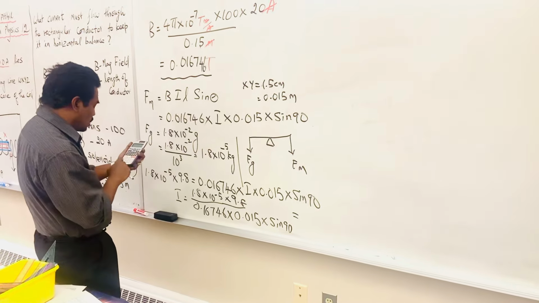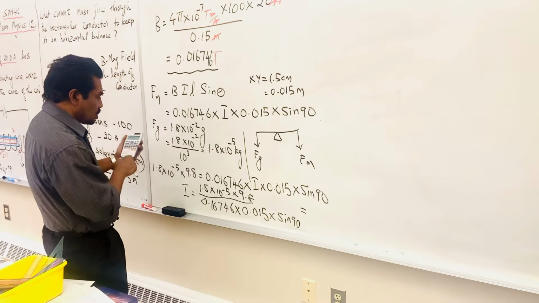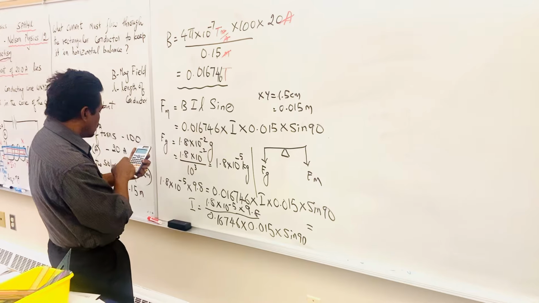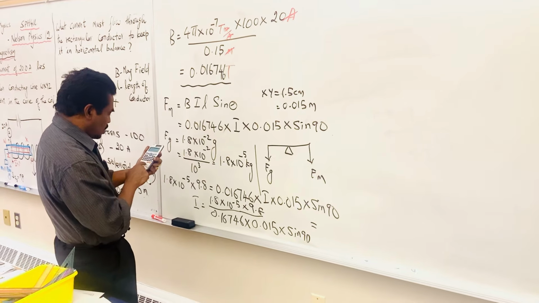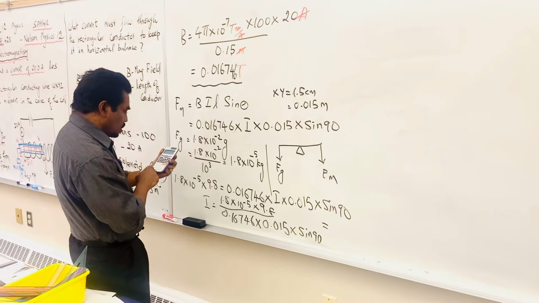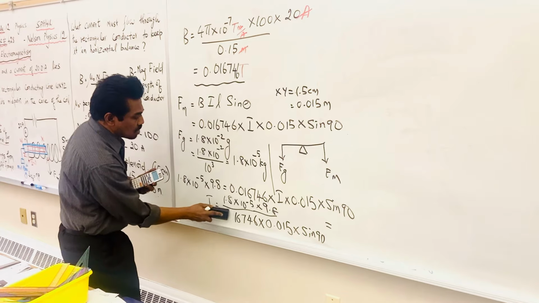Wait a minute. The answer is 1.8 exponential negative 5 times 9.8 over 0. I forgot to put one zero here.